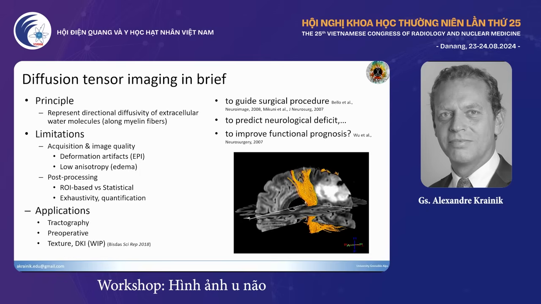The idea is that the diffusion of the water molecules is reduced in certain directions along the neuronal fibers, and then you can estimate the main direction of the fiber tracts when you study the main direction of the water molecules. It's interesting. It may guide the surgical procedure.